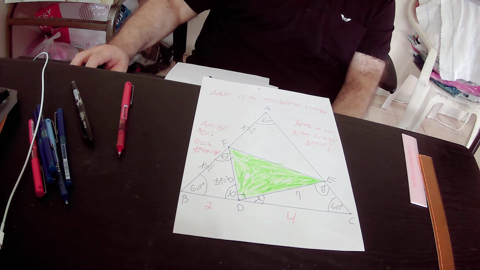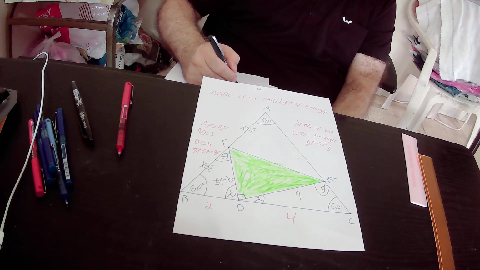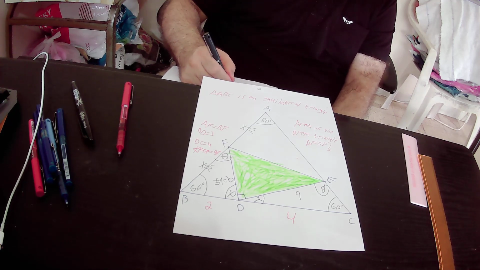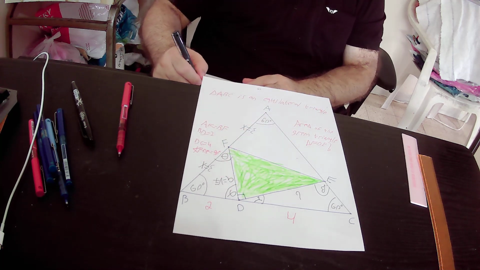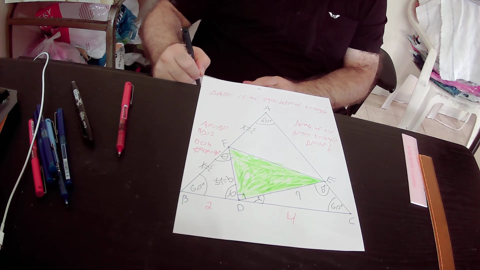So the value of sine 60 degrees is root 3 over 2. The value of BD here is 2 units, and sine theta equals sine theta. That is the value that we want to find out from this equality, so we will leave it as it is.